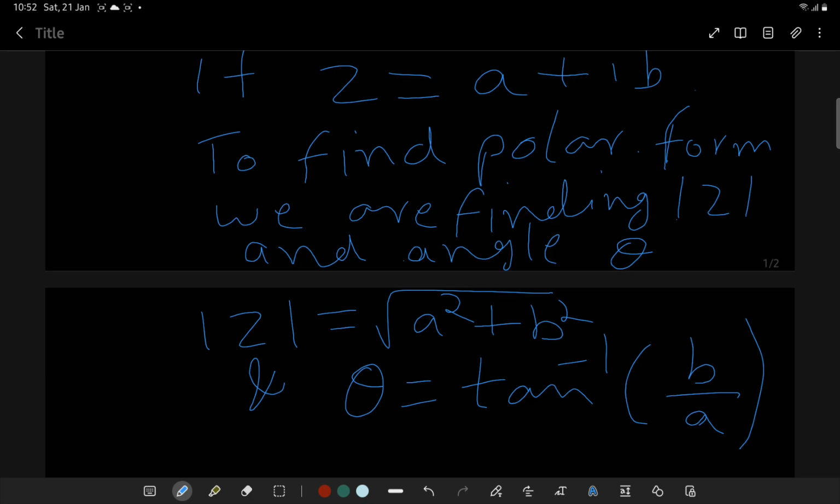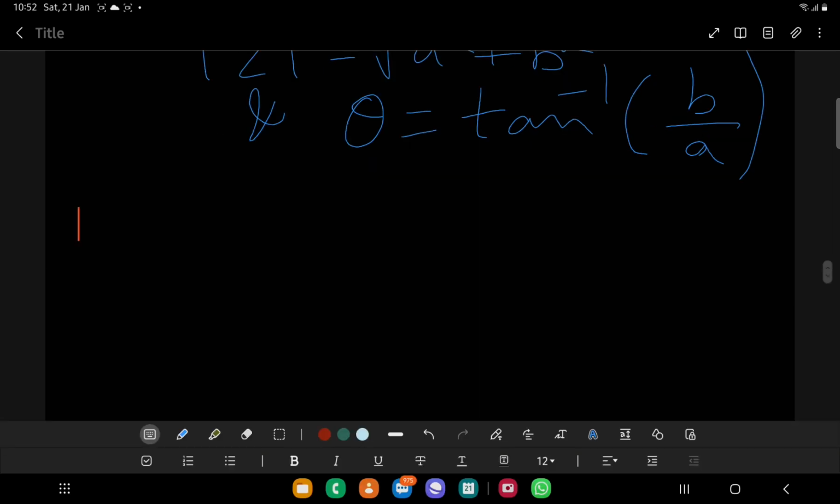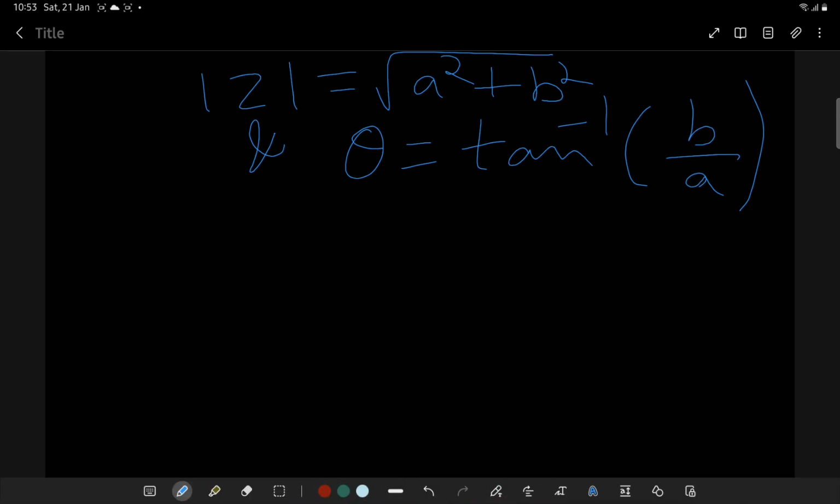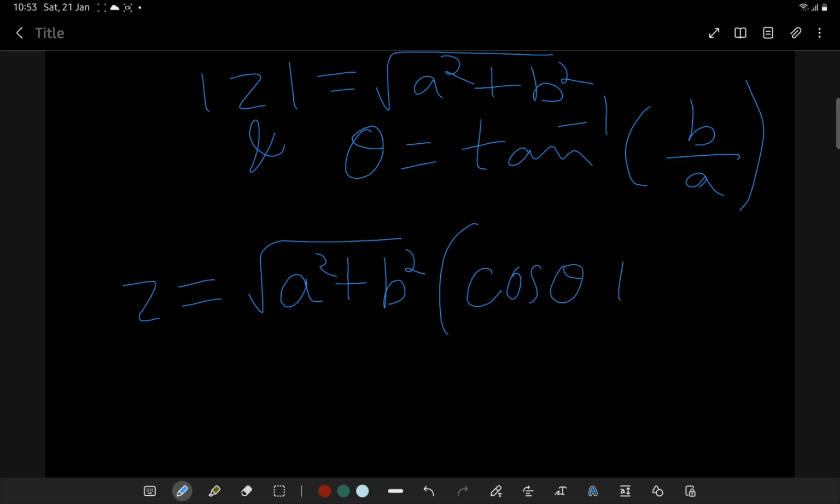So now we can write the polar form of the complex number, that is z equal to a plus ib, root of a square plus b square, that is mod z, into cos theta plus i sin theta.